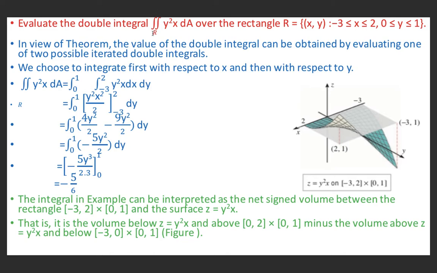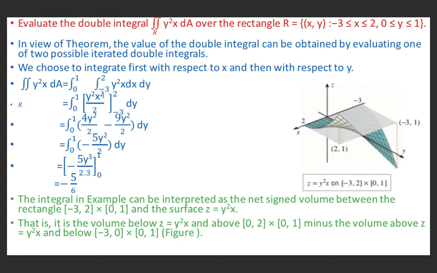So the integration of y square x over the region R is equal to the integration of y square x, where the limits of x are minus 3 to 2 and 0 to 1 are the limits of y. If we first integrate with respect to x, we will treat y square as constant.